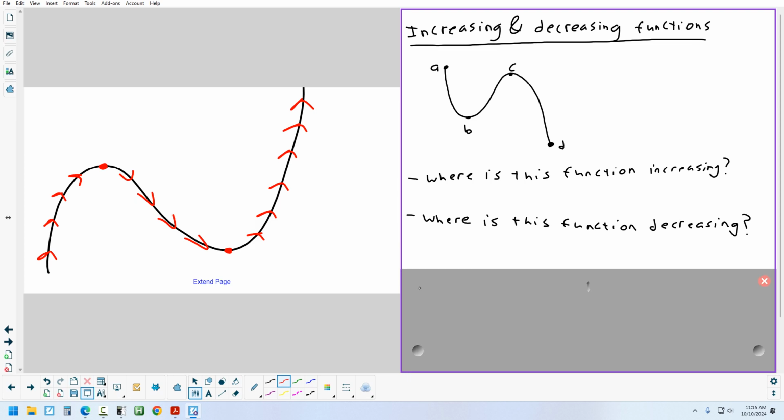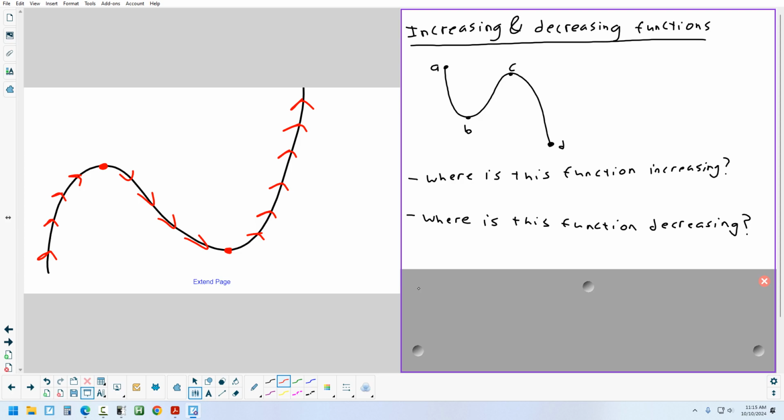So let's look at this one. And I didn't actually find numbers. Okay, these are just letters, A, B, C, and D. Can somebody give me an interval where the function is increasing from what to what? Yeah.